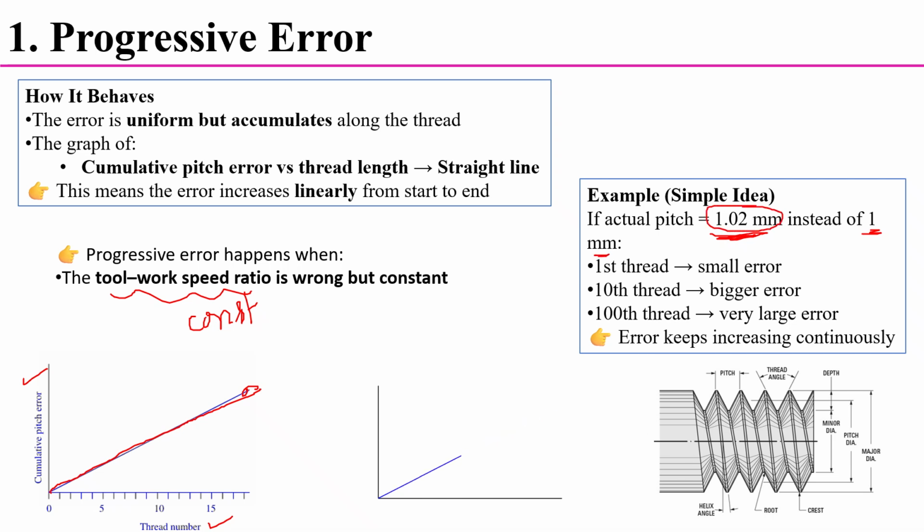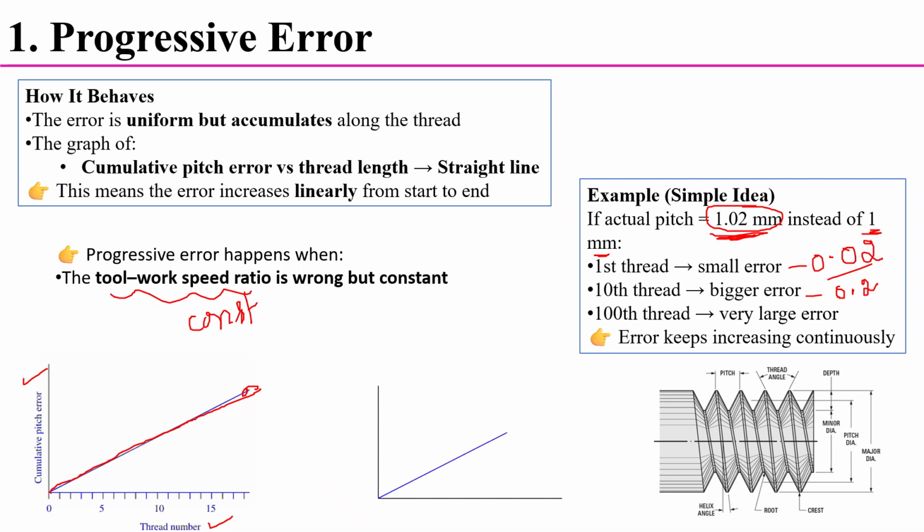Let's consider the first thread. The error is 0.02 and it is very small. Now let's consider this progressive error for the 10th thread. We know the progressive error accumulates continuously along the thread. So for the 10th thread it will become 0.02 into 10, which is 0.2 mm.